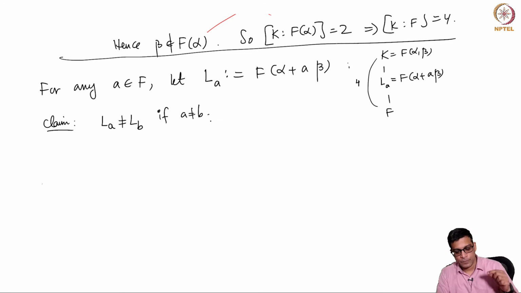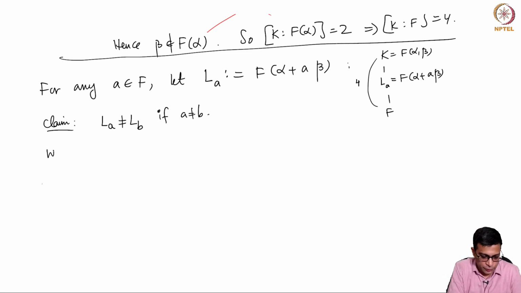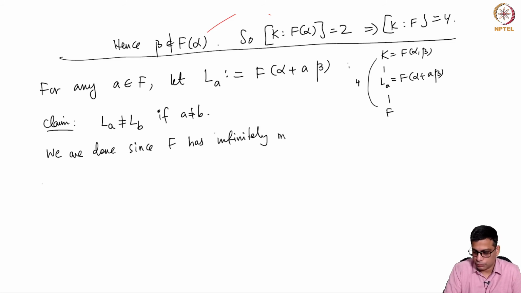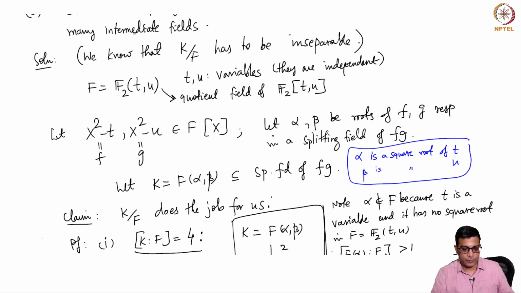Also, F has infinitely many elements, so we are done since F has infinitely many elements. Note that F_2 has finitely many elements, but capital F is F_2(t, u). So you can take any polynomials of arbitrary degree. So F is certainly an infinite field.